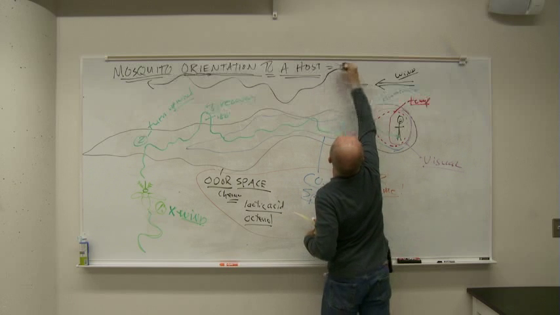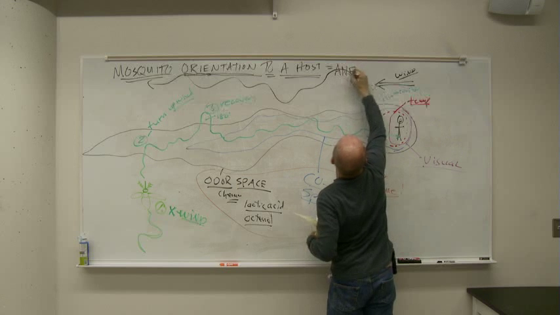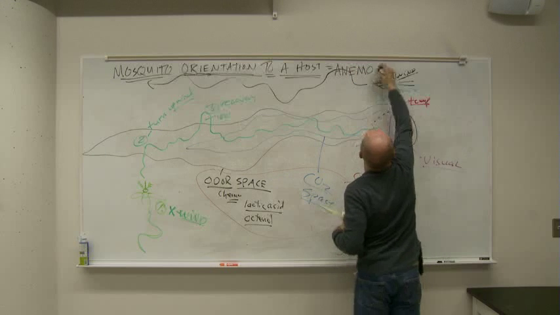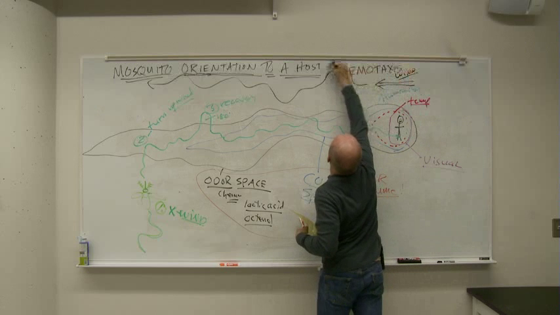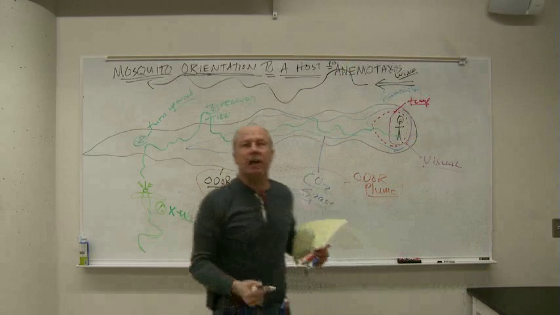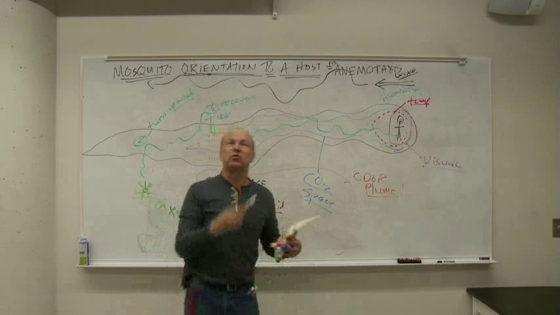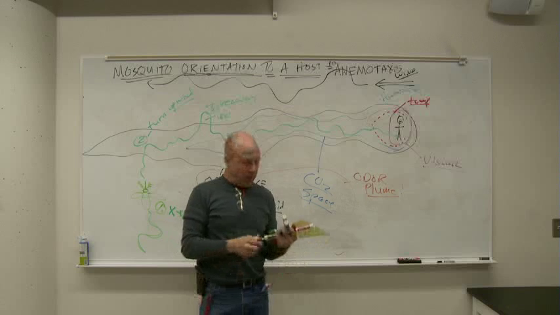Also known as, this is important, anemotaxis. And I'm going to throw up here POS for positive. It's a positive anemotaxis. Mosquitoes are going towards the source. Wind, breeze, is the one that organizes everything else.